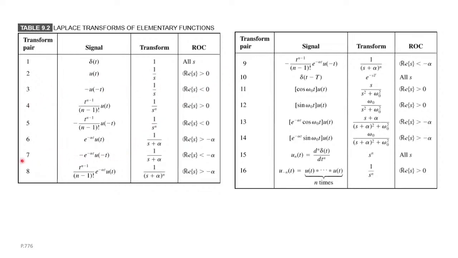And also the left-sided exponential decay, we can also take alpha equal to 0, then you get this left-sided unit step with a negative sign, and its Laplace transform is also 1 over s, but the ROC is left-sided.